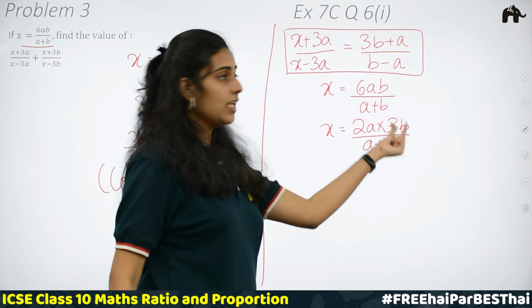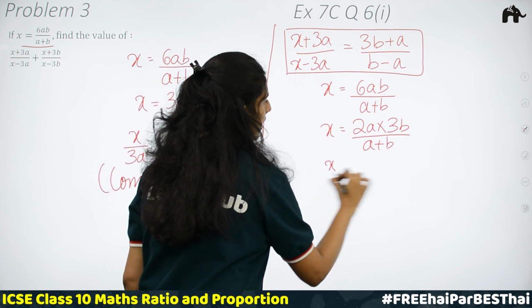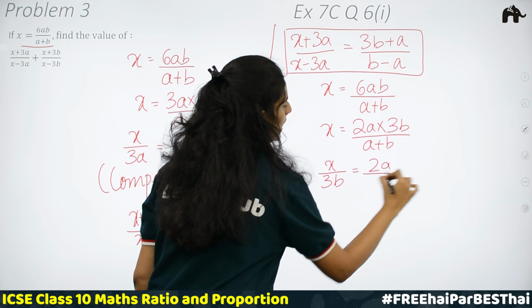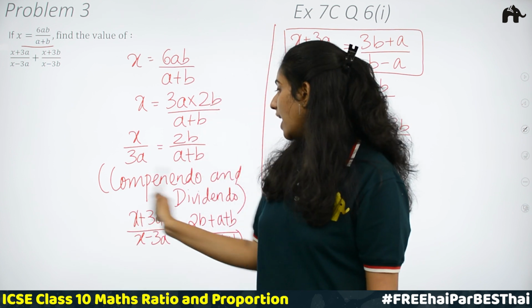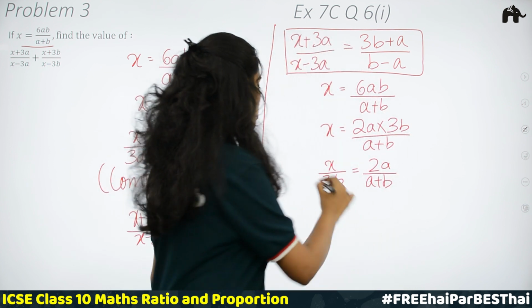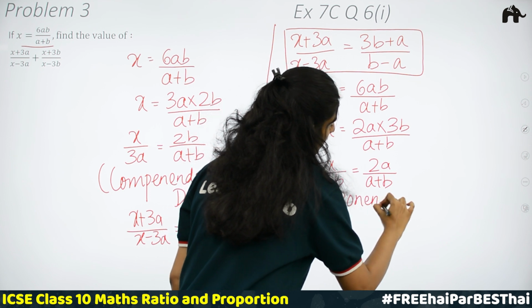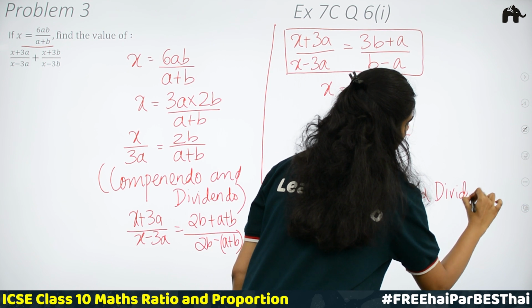I am getting 3b, taking 3b to the denominator on the LHS. x by 3b is equal to 2a divided by (a plus b). Now the same procedure, applying the componendo and dividendo property. What happens?